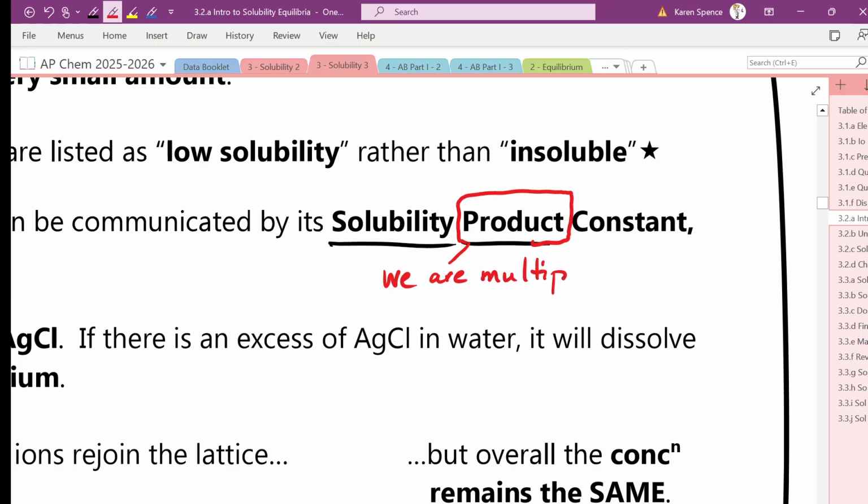We are multiplying the ion concentrations, the dissolved ion concentrations.